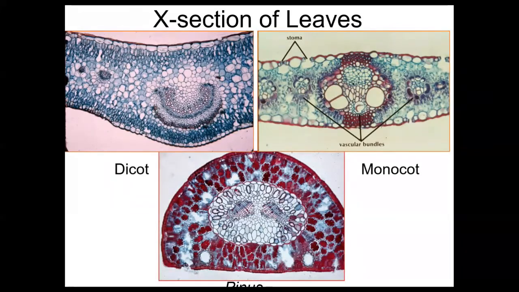Now, if that's so, this corn thing is upside down because here's the phloem and here's the xylem. But in this dicot, you got xylem down here.